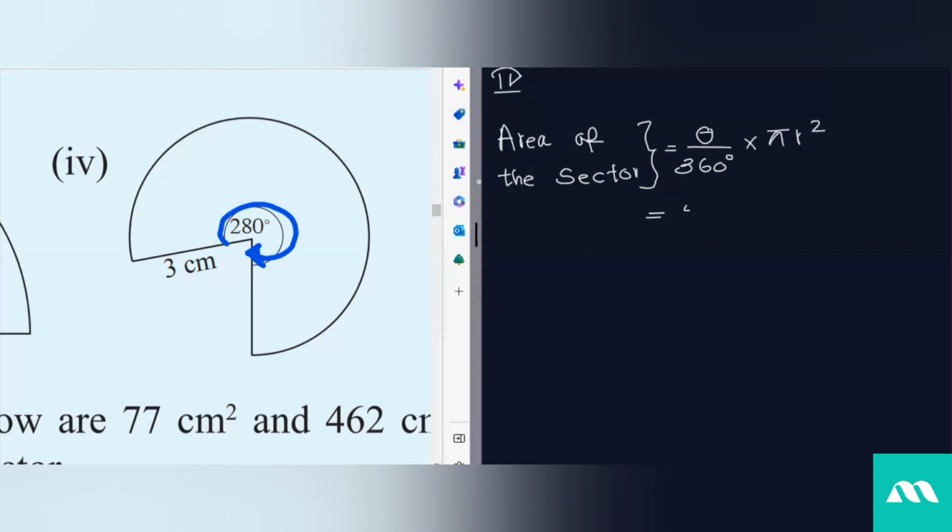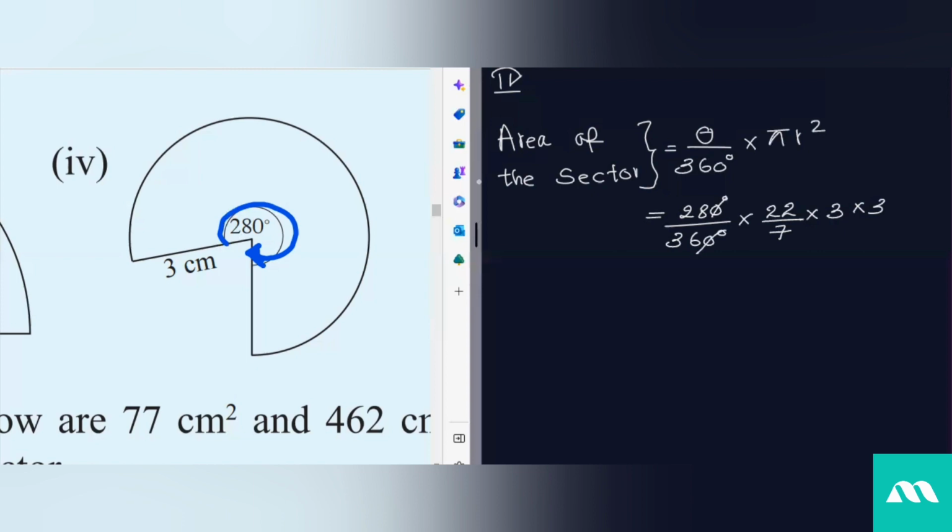Theta, that means angle at the center, so it is 280 upon 360 times 22 upon 7 times r square means 3 times 3. Then 0 can be divided by 0. That means 0 is cancelled to 0.